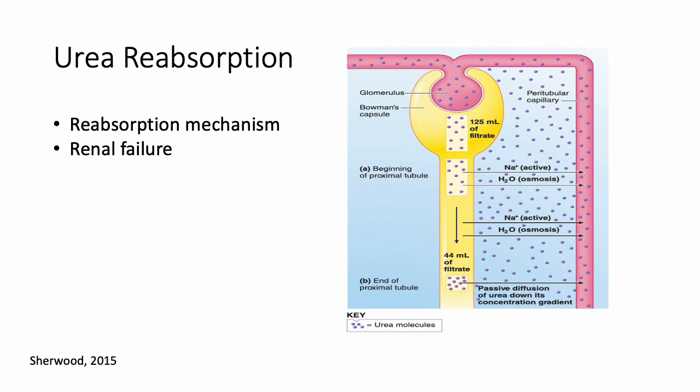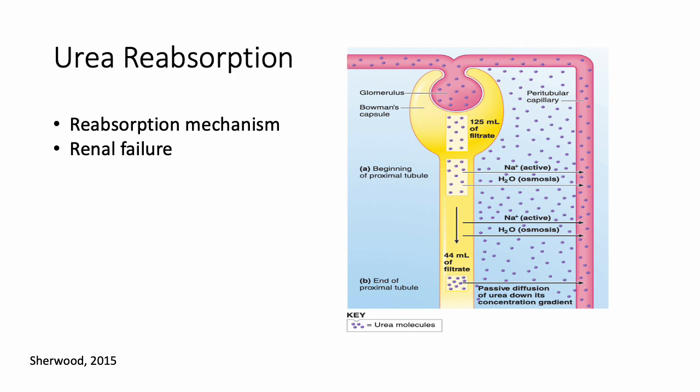As a filtered substance, the concentration of urea remains similar to that of its concentration in the plasma entering the peritubular capillaries. The concentration of urea becomes more concentrated in the tubular fluid than in the adjacent capillaries because the quantity present at the end of the proximal tubule is almost threefold in the remaining filtered fluid.